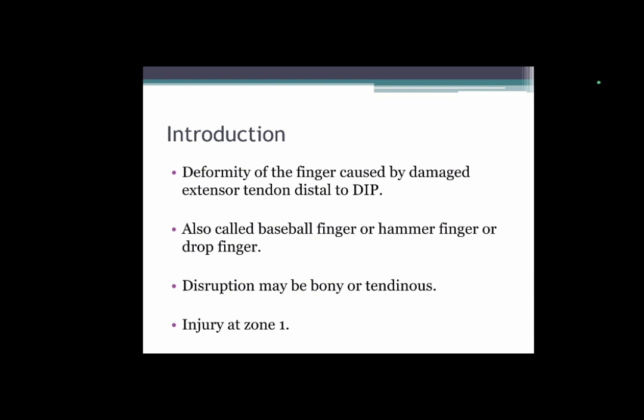When the tendon ruptures or pulls off a small fragment of bone from the distal phalanx, the patient loses the ability to actively extend the fingertip. As a result, the distal interphalangeal joint remains bent, producing the characteristic mallet finger deformity.